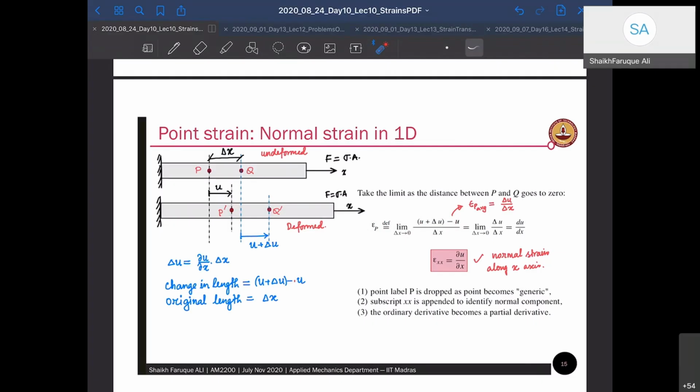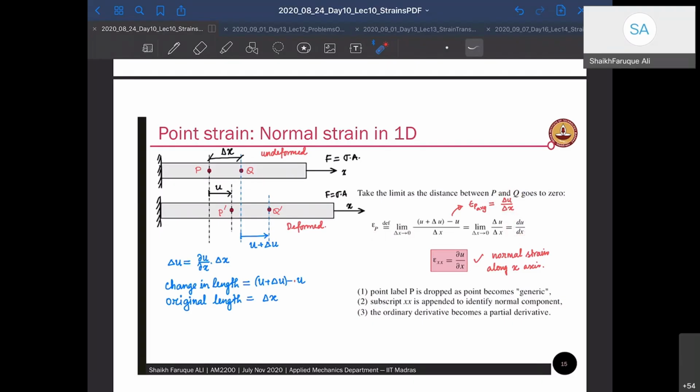When I say del U by del x, I need two points P and Q, and I'm finding the strain between P and Q. So this is an average strain between P and Q. But when I put the limit del x tends to 0, I'm making sure that point Q coincides with point P. Therefore, we're looking at strain at point P itself. So that becomes equal to the differential del U by del x.